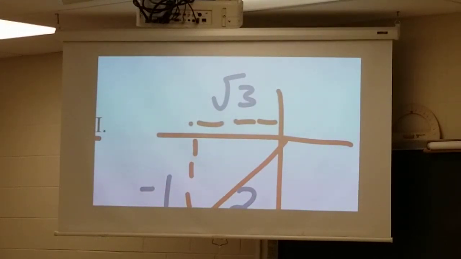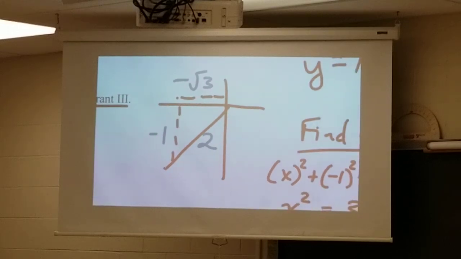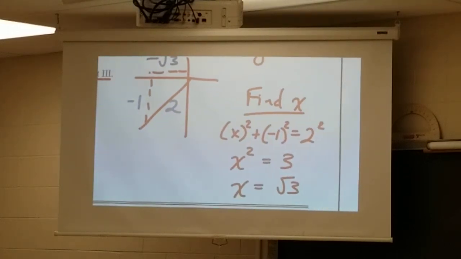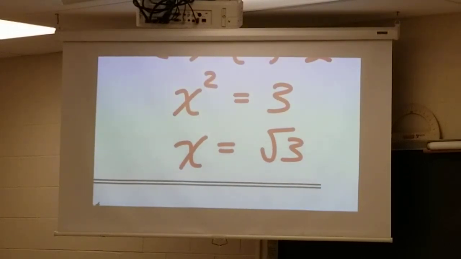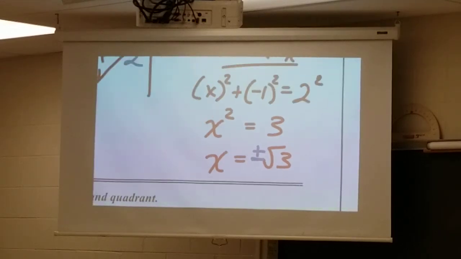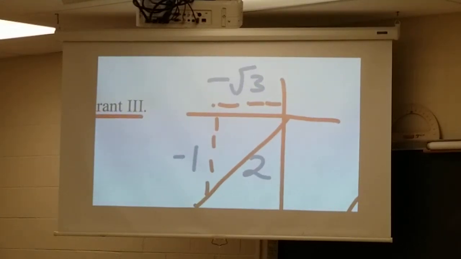So that x value is supposed to be negative. Now, can I just make it negative? Technically, when you took the square root in the Pythagorean theorem, it was positive or negative. Isn't that nice? You can choose. So we carefully choose the negative so that our diagram is right.